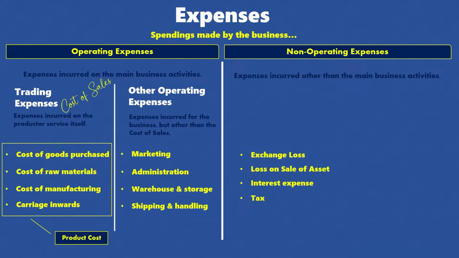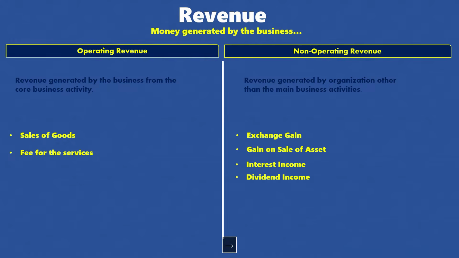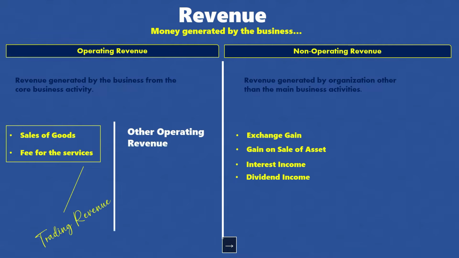Now we have split our operating expenses into trading and other operating. We can do the same for the revenue as well, even though it will not be very meaningful there, but if we have to do it, let us see how we can. For our revenue, we can say that the revenue that is coming from the product or service itself is trading revenue, and if there is any other business related revenue, operations related revenue, which is not from the product or service itself, that will be classified as other operating revenue.